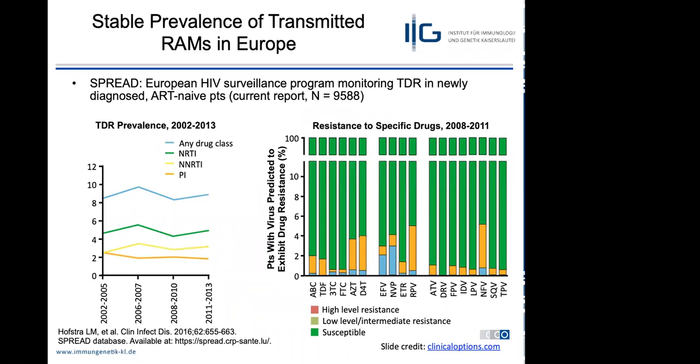In Europe, we do have a surveillance program. We look for drug resistance mutations regularly in treatment-naive patients, and we do see that there are stable numbers of drug-resistant viruses, and this is also true for specific drugs.